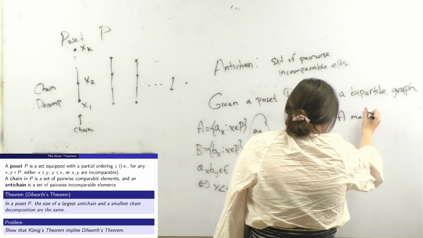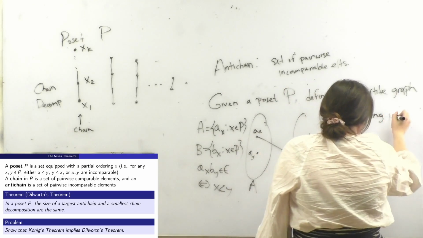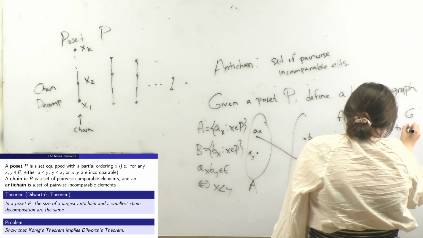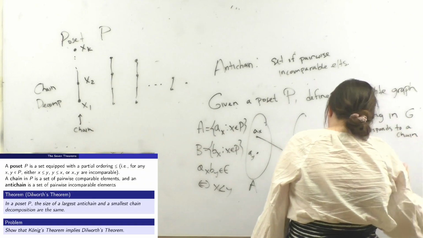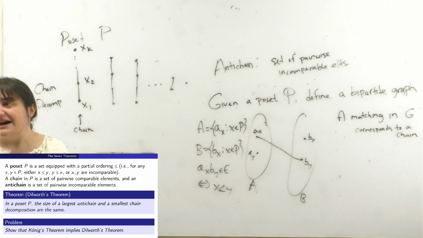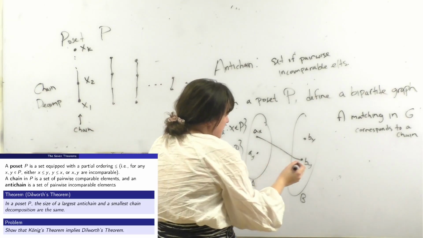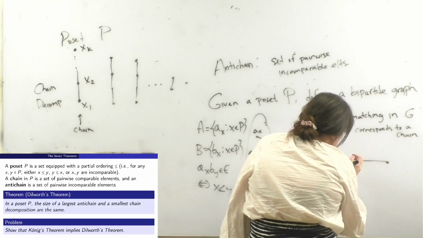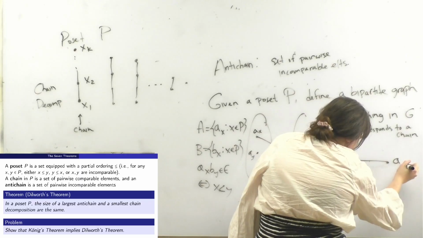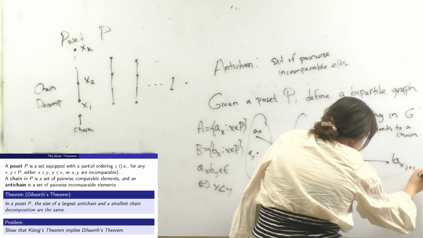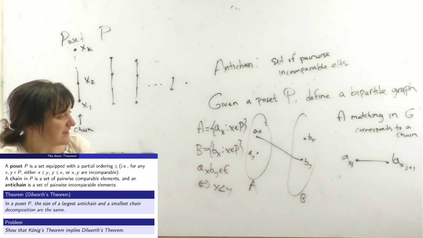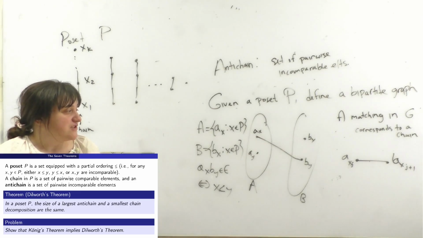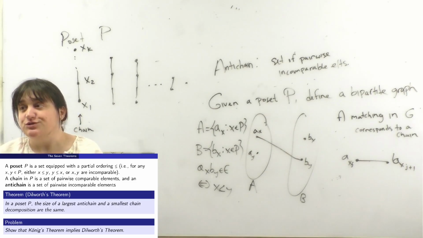A matching in G corresponds to a chain. And the way that you can see that is, okay, let's say I just start with some edge in some matching that I've chosen, a_xj, b_xj-1. x_j-1 and x_j do live in a chain together, right?